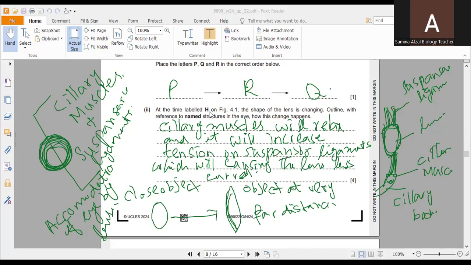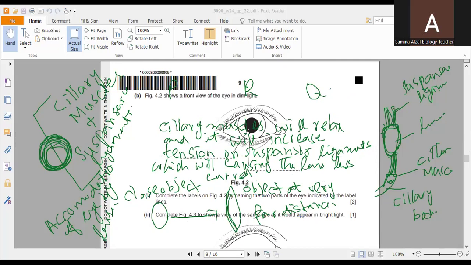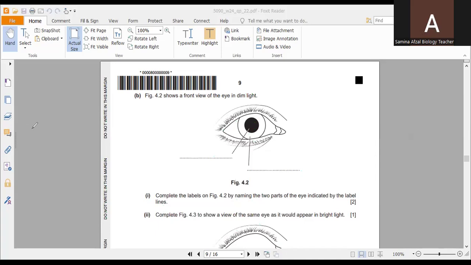Now the next question is, figure 4.2 shows a front view of the eye in dim light. So first of all, we have to label this.